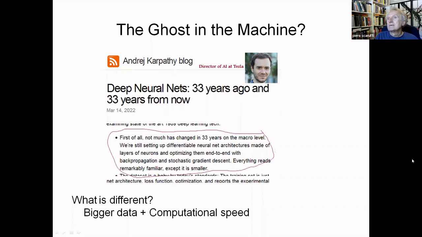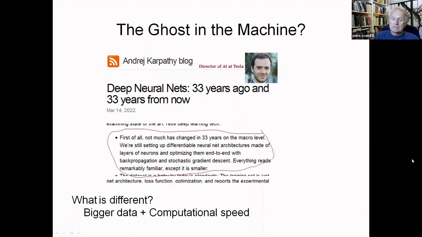He started by saying, actually, we are not doing anything different. We are still using neural networks like we did when deep learning, the discipline of AI, was invented.